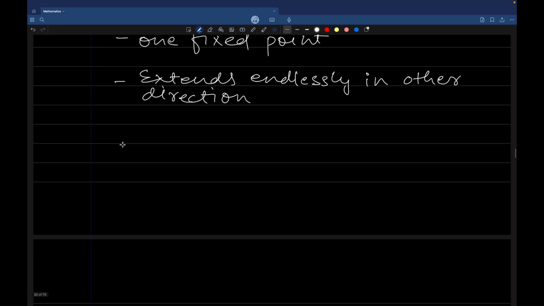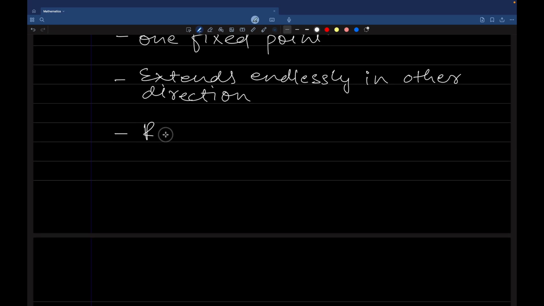It is represented as ray AB. It has one fixed point, that is A, and extends up to infinity, or we can say endlessly, in the other direction.